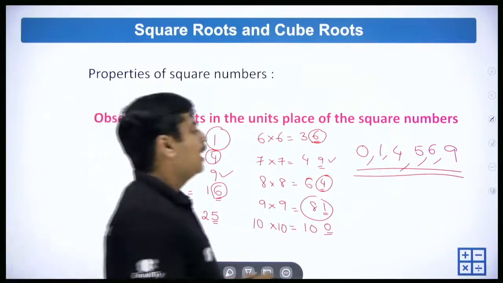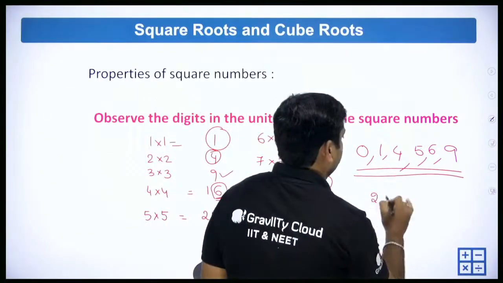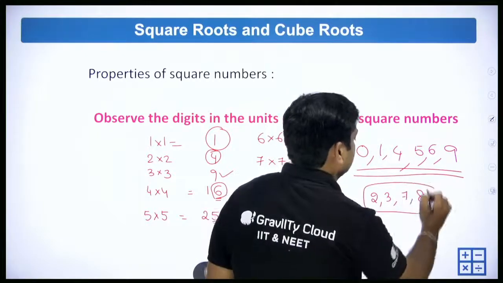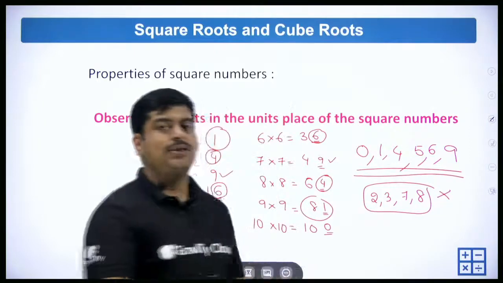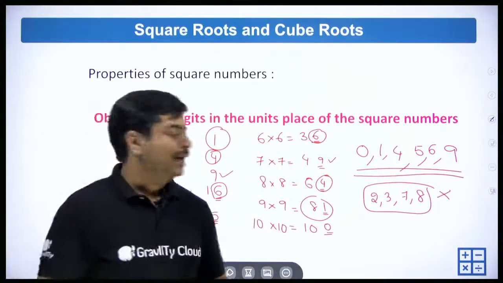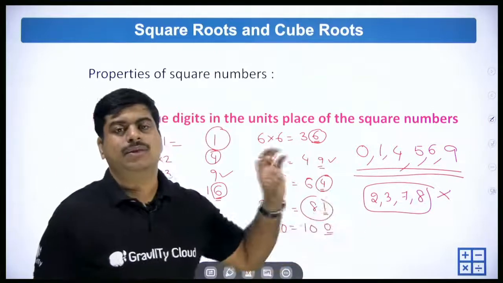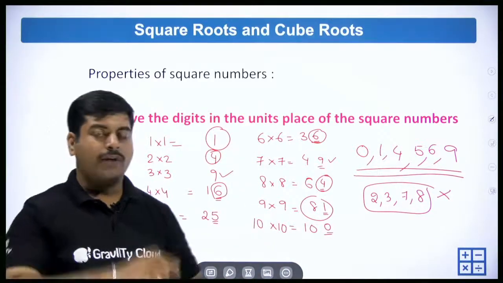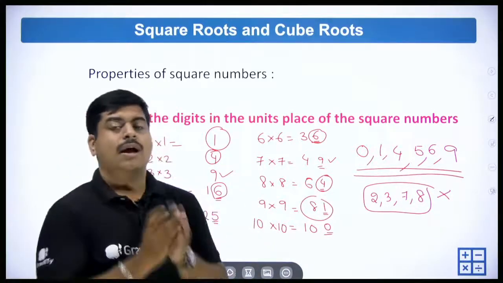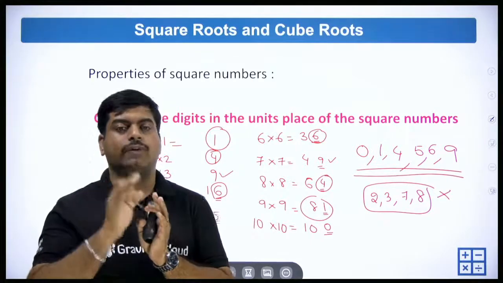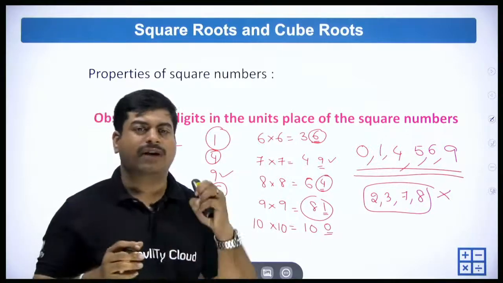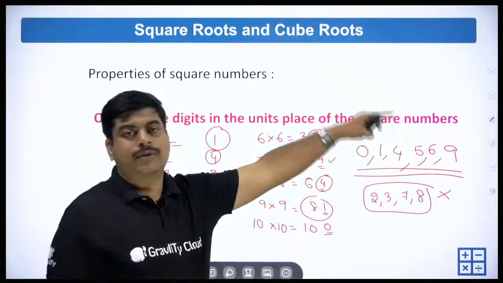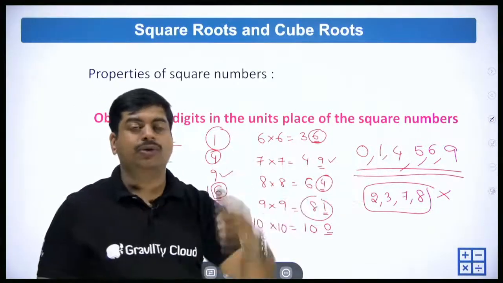Okay, we cannot have 2, 3, 7, 8. These 4 digits cannot come as a units digit of a square number. Whatever number you take, let's say 101 into 101, 102 into 102, 1542 into 1542, you may get some units digits from here, but not from there. You can calculate that yourself.